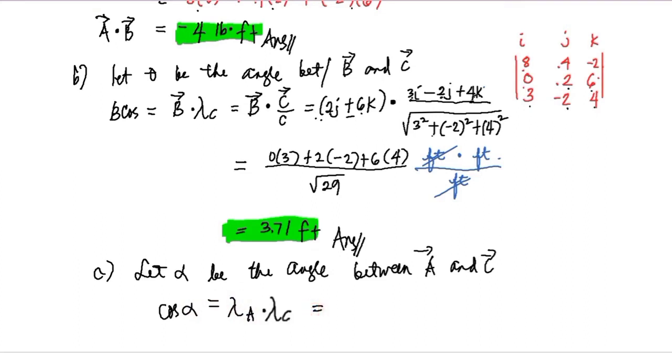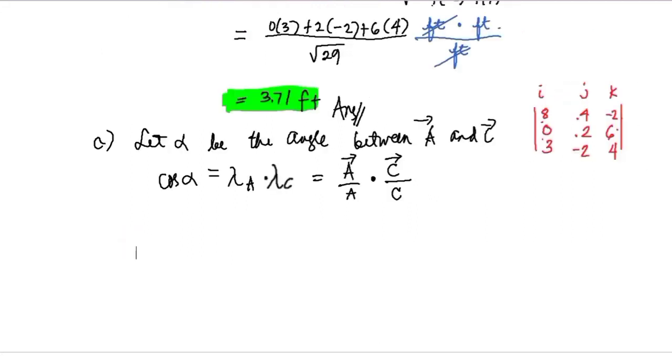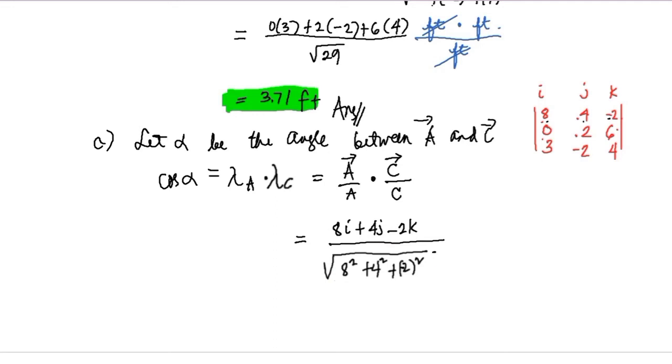And for the lambda A, that is just equal to the vector A over the magnitude of the vector A, dot vector C over the magnitude of the vector C. So we have here for the vector A, 8i plus 4j minus 2k, over its magnitude, so that's the square root of 8 squared plus 4 squared minus 2 squared.